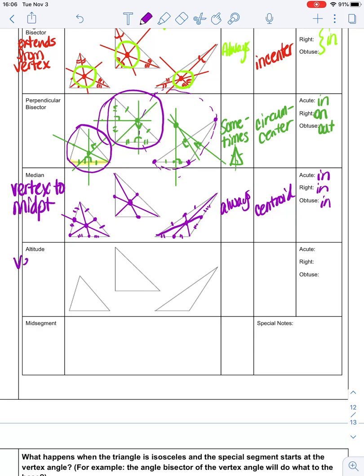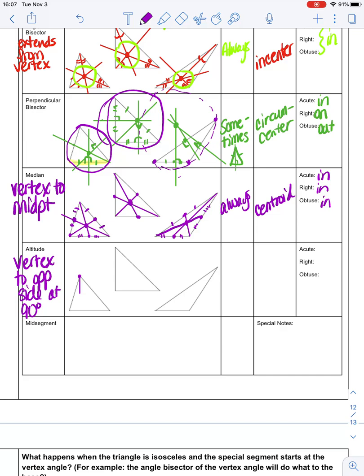is the altitude. The altitude extends from the vertex to the opposite side at a 90-degree angle, or at a right angle. We're going to use altitude a lot when we get to area because the altitude is actually the height of the triangle.